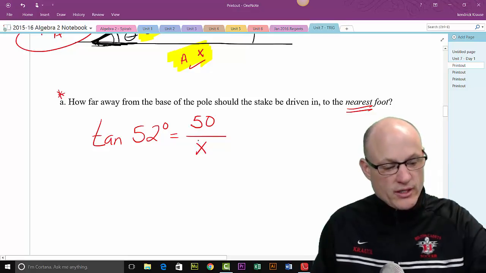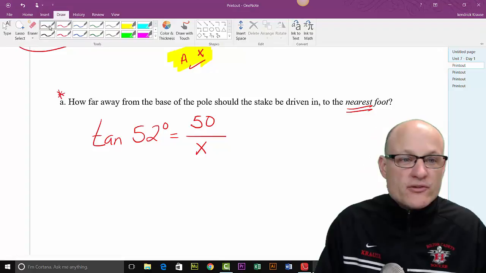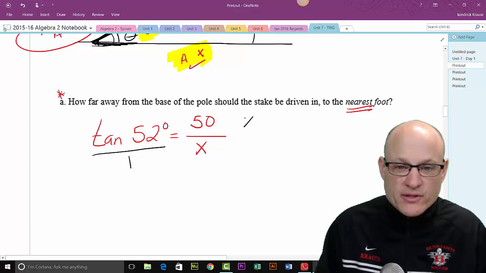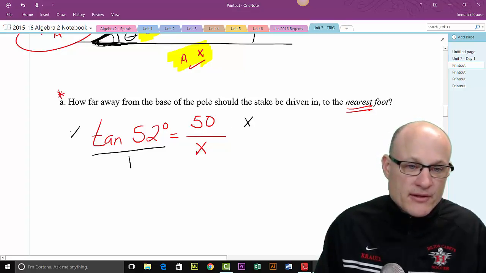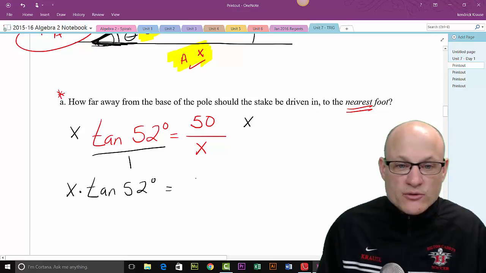We just don't know what it is. So at this point, we're just going to solve this simple equation by either cross-multiplying or finding the common denominator. The common denominator is x. I'll multiply this side by x, and I'll multiply this side by x. So I get x times tangent 52 degrees equals, these cancel, 50.